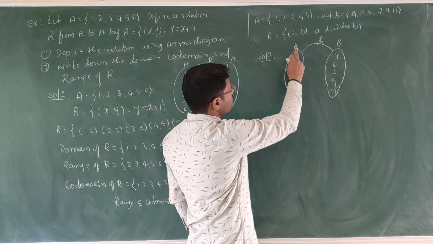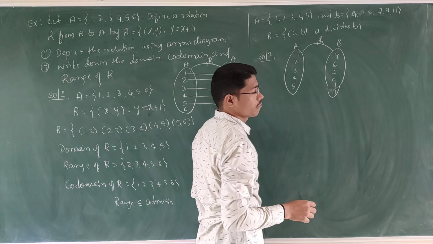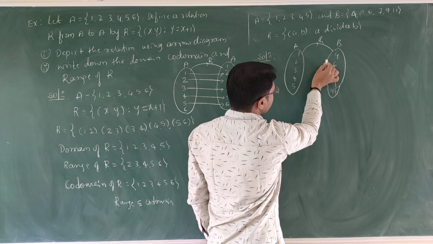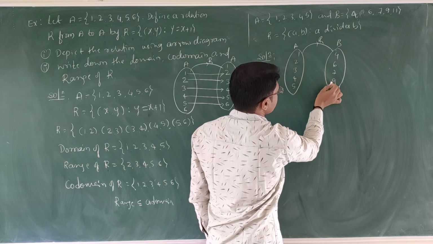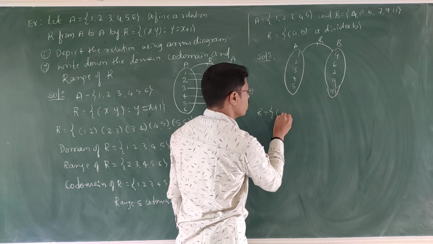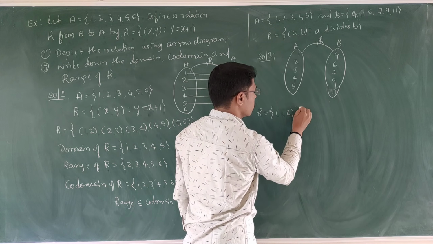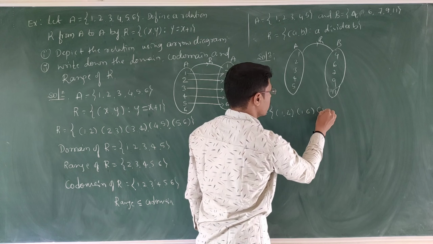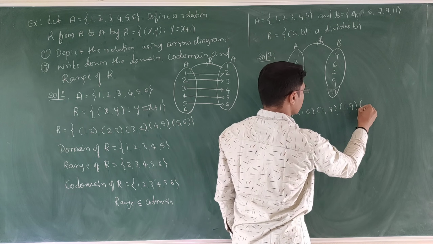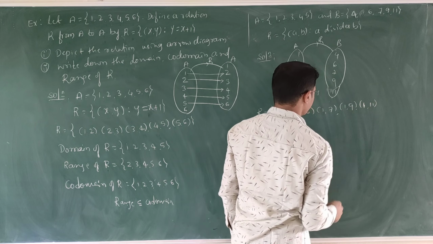The relation is (a, b) where a divides b. See, 1 divides 4, 1 divides 6, 1 divides 7, 1 divides 9, 1 divides 11.